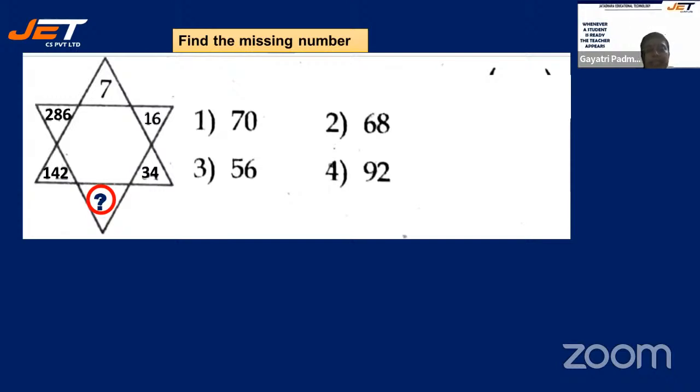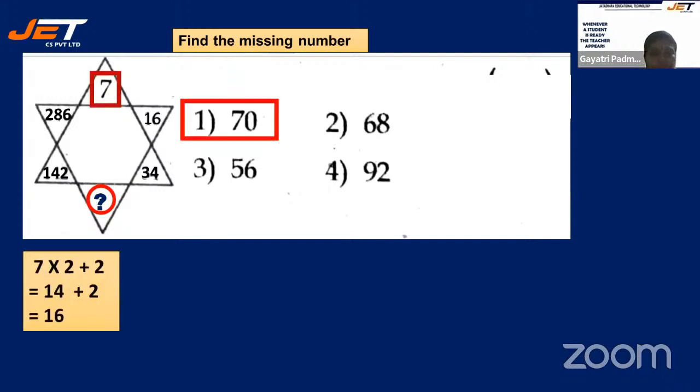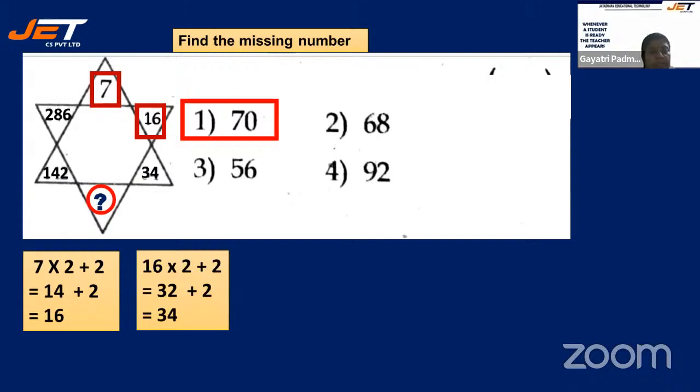All right, let's disclose the answer. It is 70. How? See, 7 into 2 is 14, plus 2 is 16, right? Next, from 16, how you are arriving at 34 is 16 into 2 plus 2, which is 32 plus 2, 34.